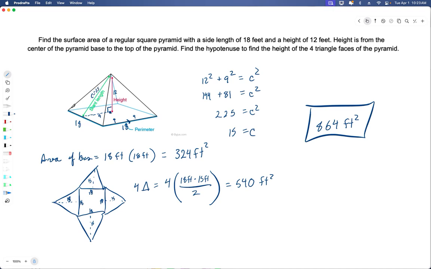So that gave us 4 triangles with a base of 18 and a height of 15 on top of a square that was 18 by 18, which is this sketch right here. When you unfold the pyramid and lay each one flat, you can see those dimensions a little bit better. I hope that helps.